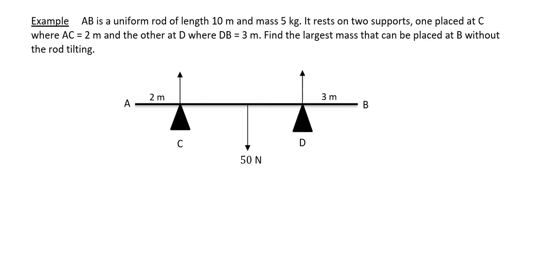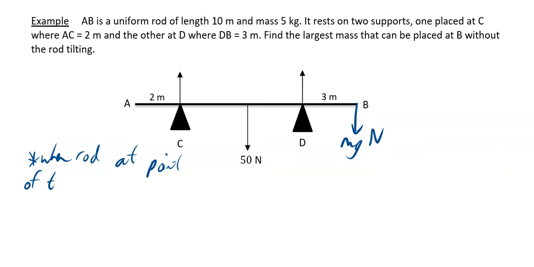So on our diagram, let's just add in mg newtons. That's your mass times your acceleration due to gravity. And we'll just say when the rod is at the point of tilting, then reaction at C is equal to 0 newtons.